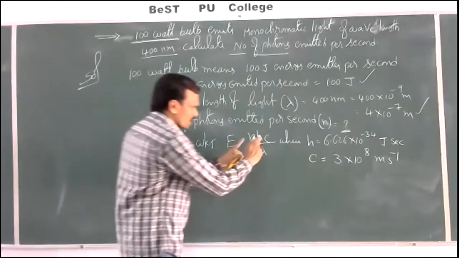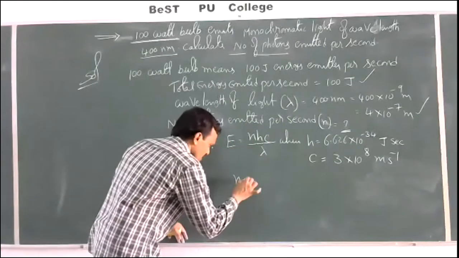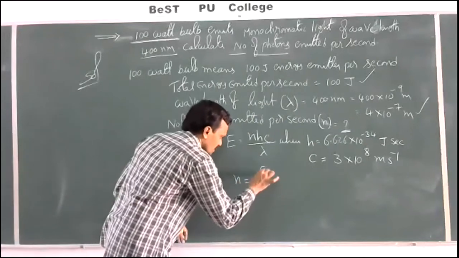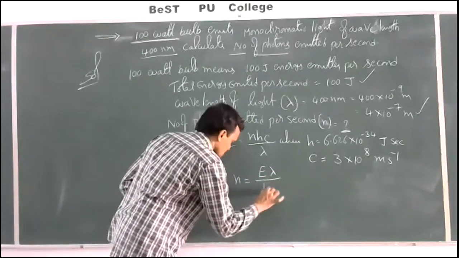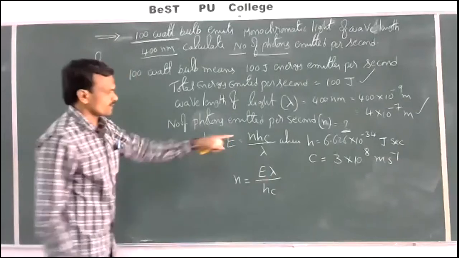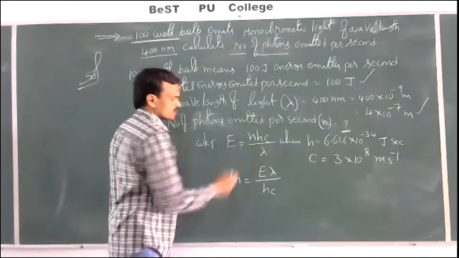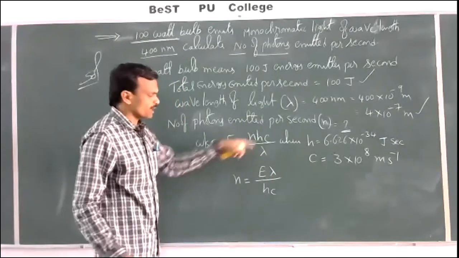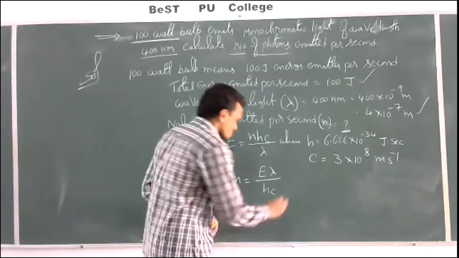Now from this, write the expression for n. Then n is equal to E lambda by hc. Now substitute the values here.